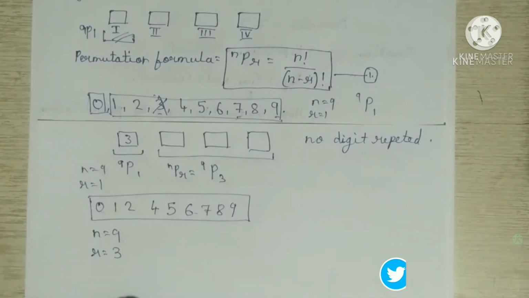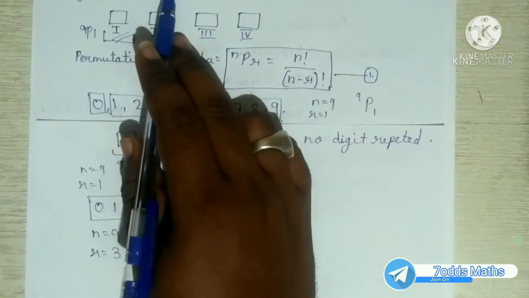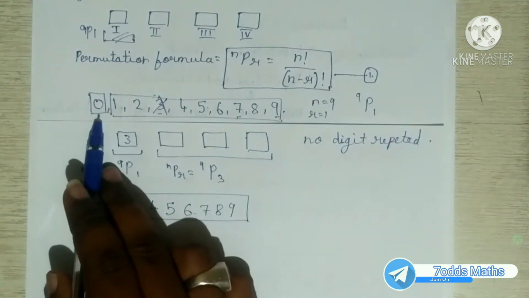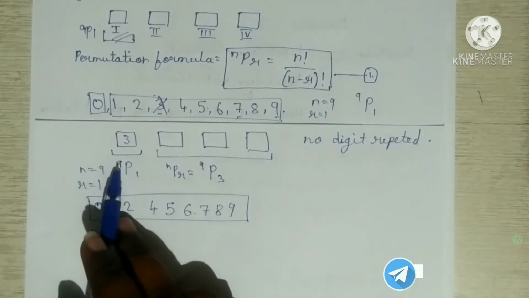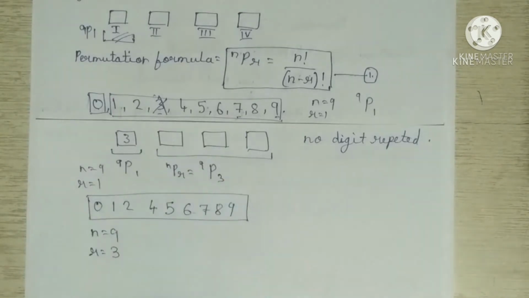In this particular question, if we need to find 4 digit in the given data, 0 is there, which means we need not consider 0 as the first digit. Next we will solve this.